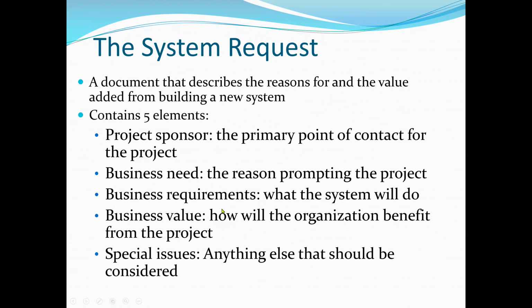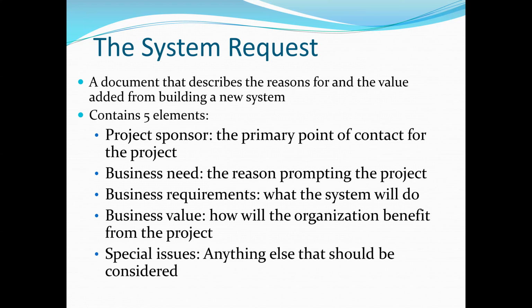So next we go to the concept of a system request. A system request will be the beginning or the initiation of a project. A system request is a document that describes the business reasons for building a system and also the value that the system is expected to provide.